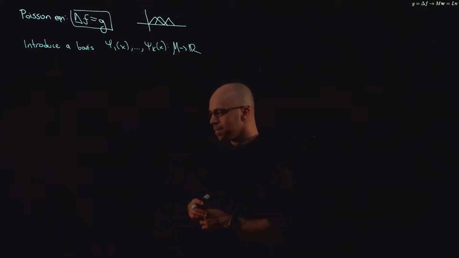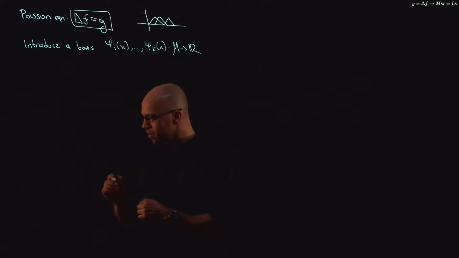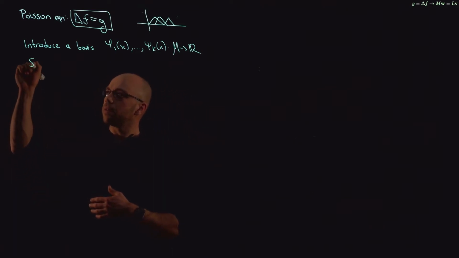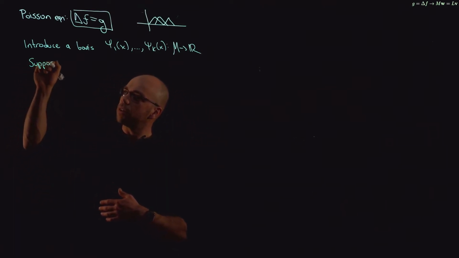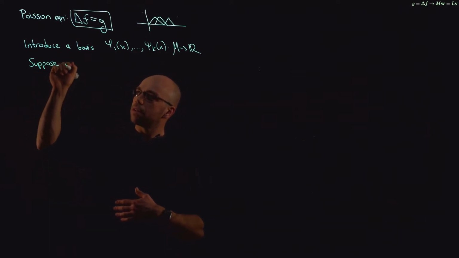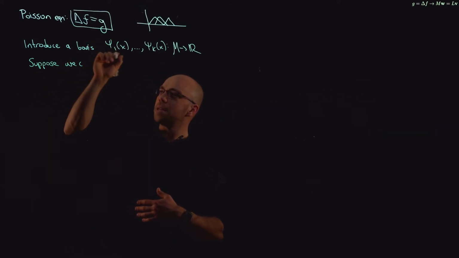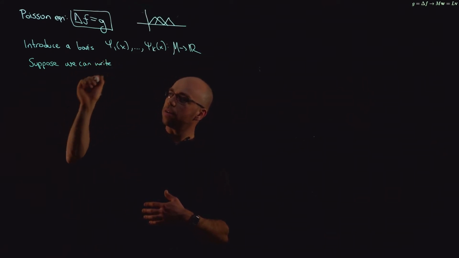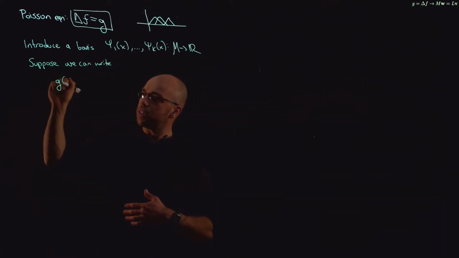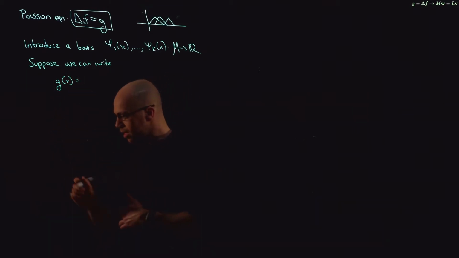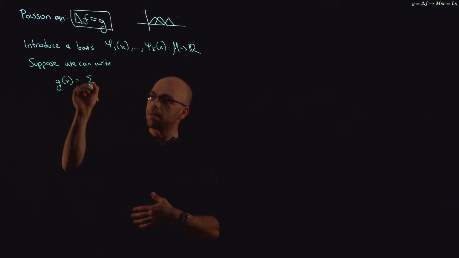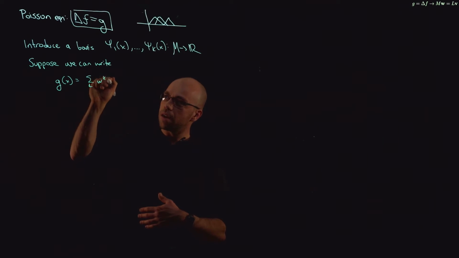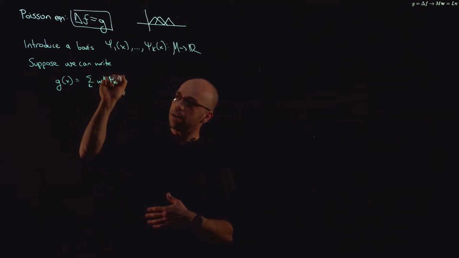Okay, then what we're going to do is suppose that we could write our input function as a linear combination of our basis. In other words, we'll write g of x as a sum over k of wk psi k of x.